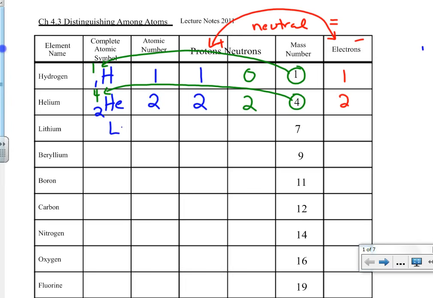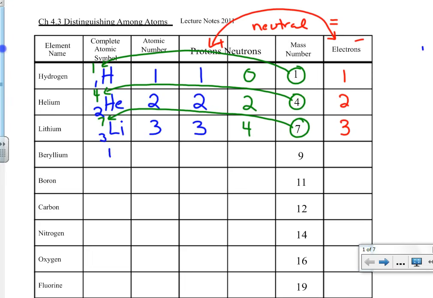Lithium has a symbol Li. It has an atomic number of 3, which means it has 3 protons, so we'll put that number in the lower left corner. We'll notice that the mass number of 7 goes in the upper left corner, and from that we can see 7 minus 3 will give us 4 neutrons. 3 protons, 3 electrons will make this a neutral atom.